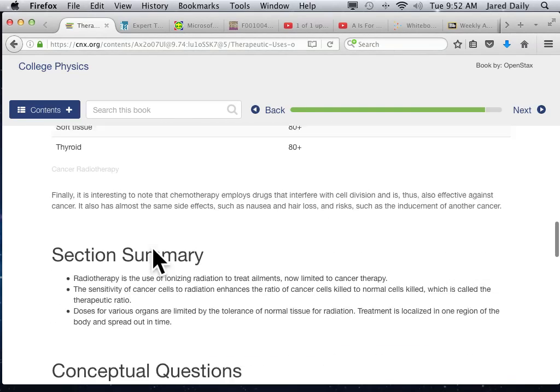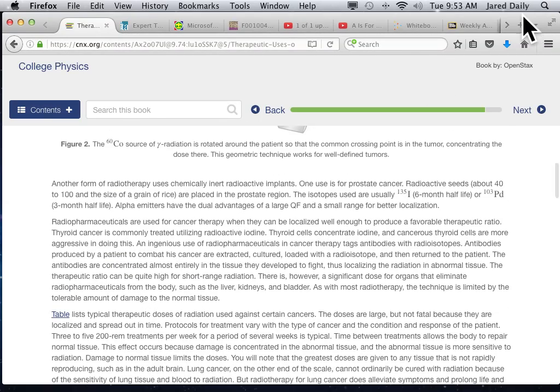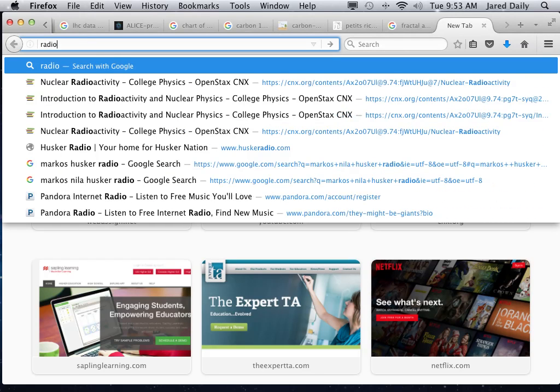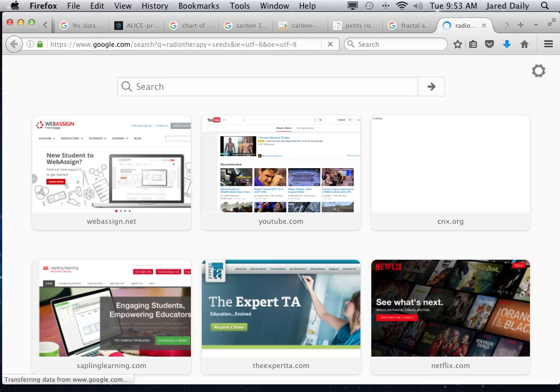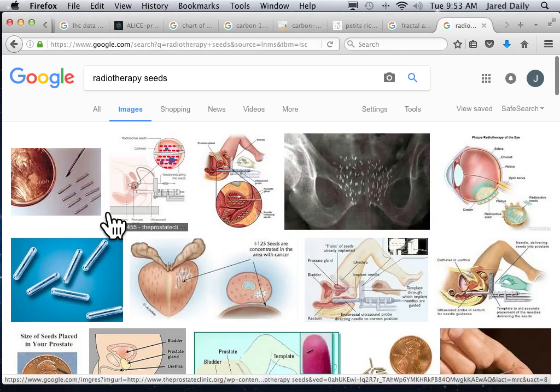Another thing that they can do is put in seeds, and I think we talked about this a little bit. Let's just go look it up really quick. Radiotherapy seeds. So they kind of look like this.